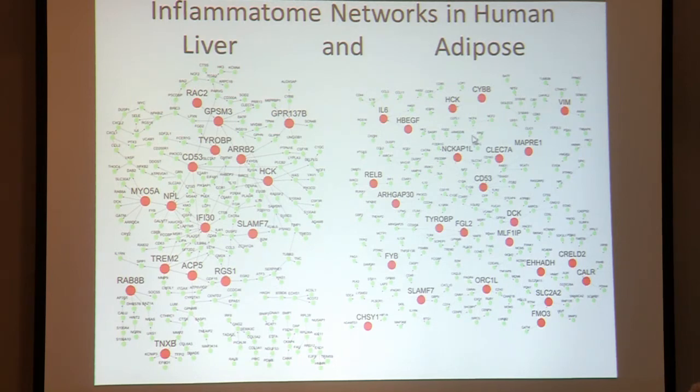And then we made use of the Bayesian networks, a collection of about 50 or 60 Bayesian networks from many different tissues, in both mouse and human. Here I just show two consensus Bayesian networks, from liver and adipose.